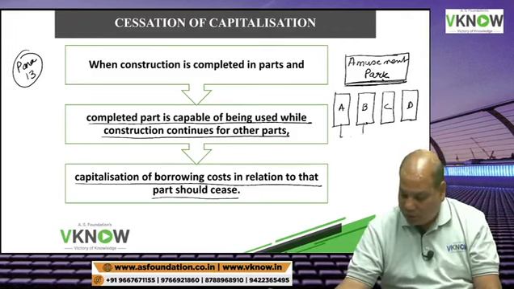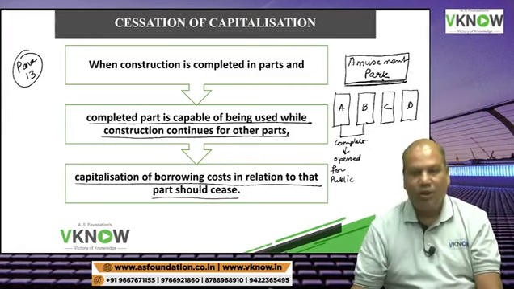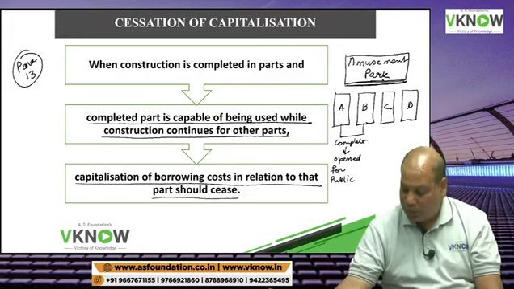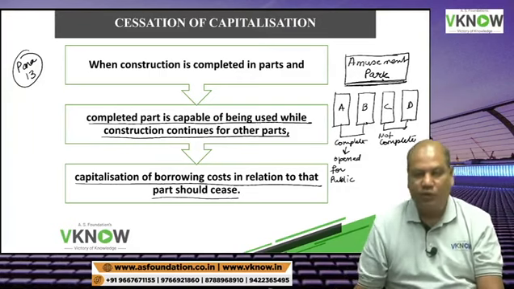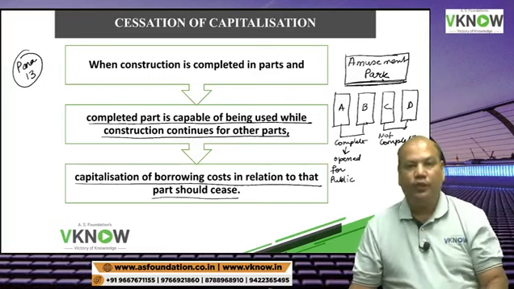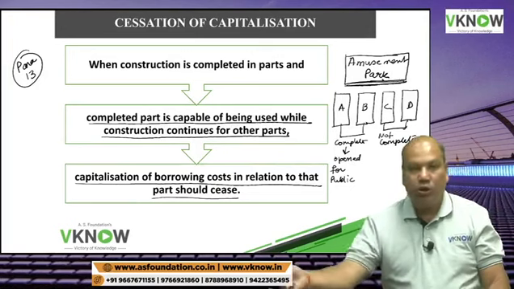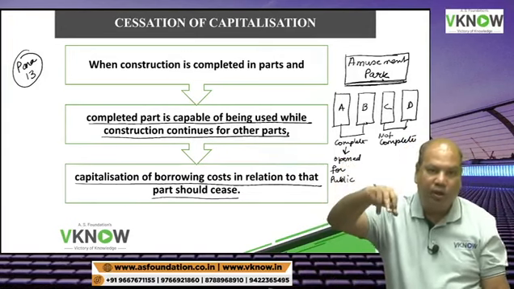Buildings A and B are complete, opened for public. Public can go, purchase the ticket, and enjoy the show. Buildings C and D are not complete, not opened for public. Suppose you have taken a loan of 100 crore rupees for the whole amusement park.